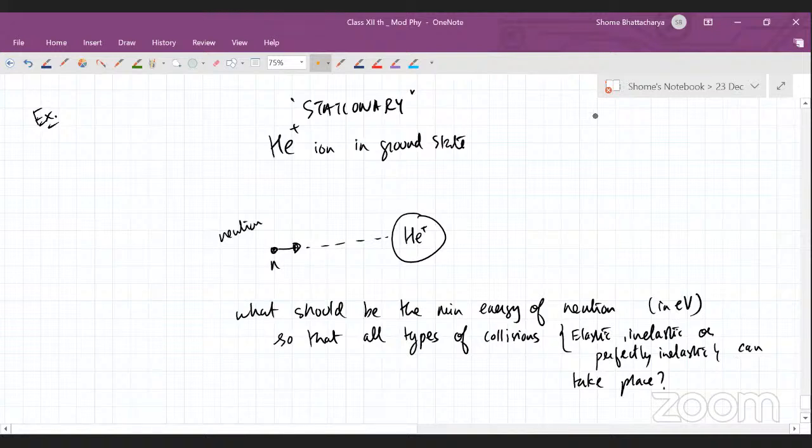And as usual, we have to take the mass of the helium ion as 4 times the mass of the neutron. So that is the thing.